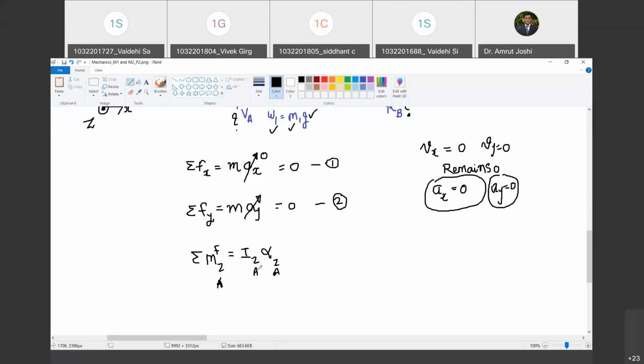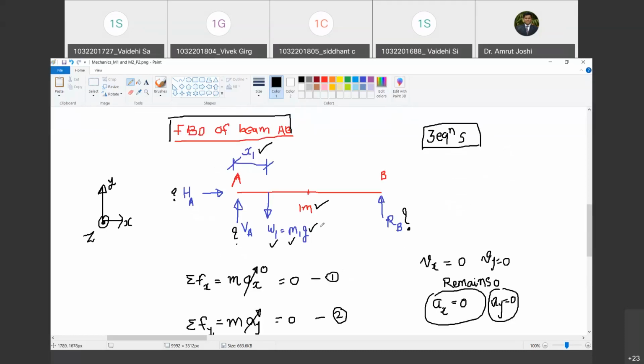This IZA is nothing but the mass moment of inertia about the z-axis passing through A. Mass is replaced by that. And this is the angular acceleration about the z-axis passing through A. Happy? Yes, sir. Now, tell me, throughout the observation, was this beam rotating about the z-axis passing through A?